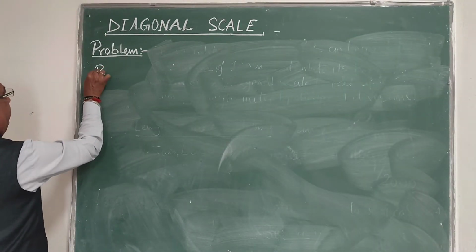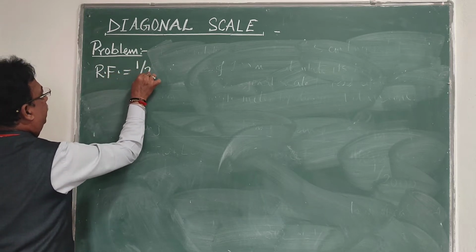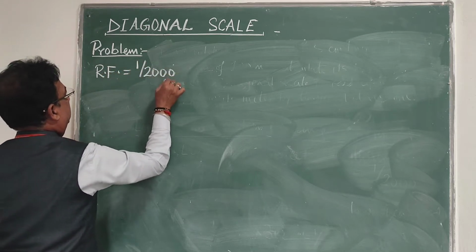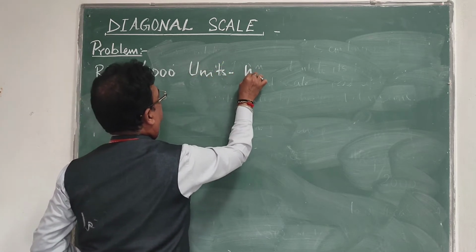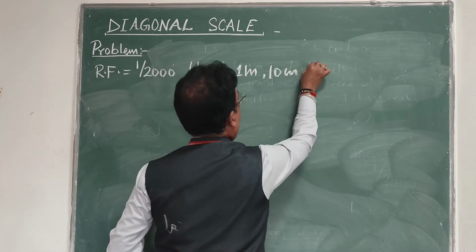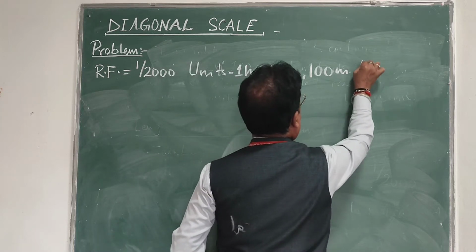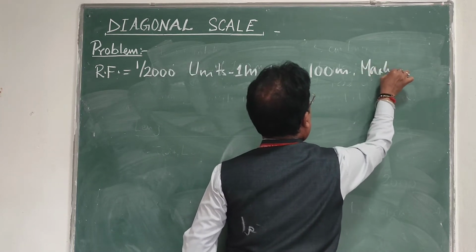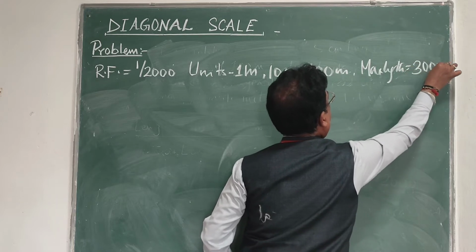So now the main important terms we got: one RF, that is 1 upon 2000. The units for this scale are 1 meter, then 10 meter and finally 100 meter, and maximum length, as already we got, that will be 300 meter.